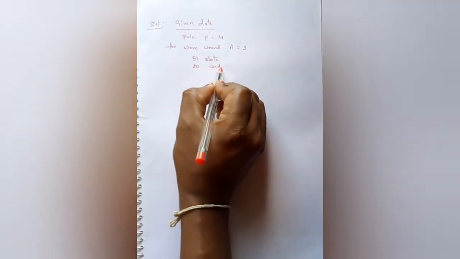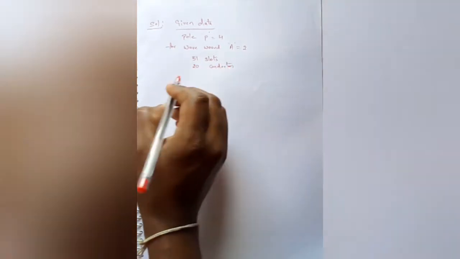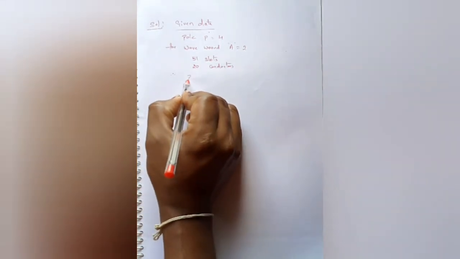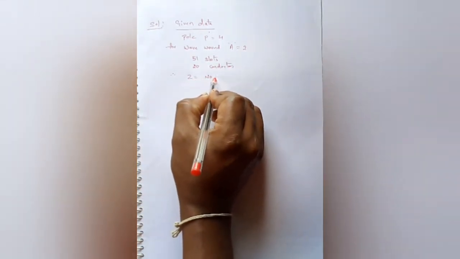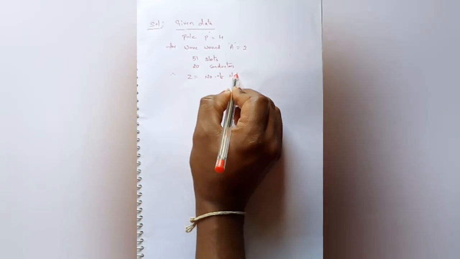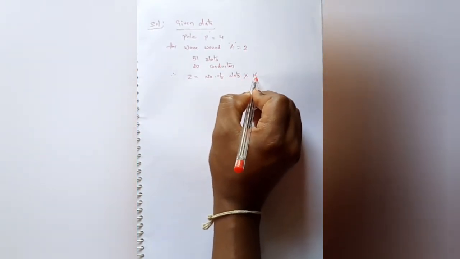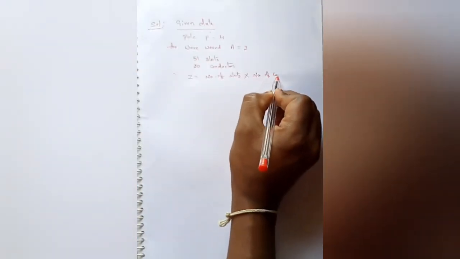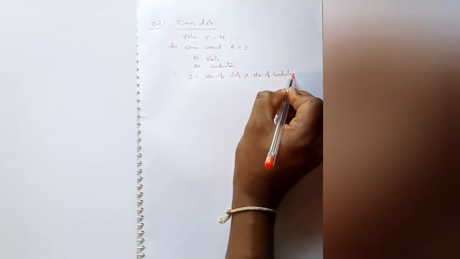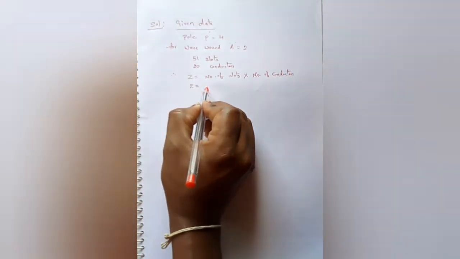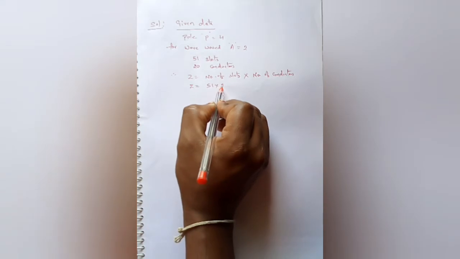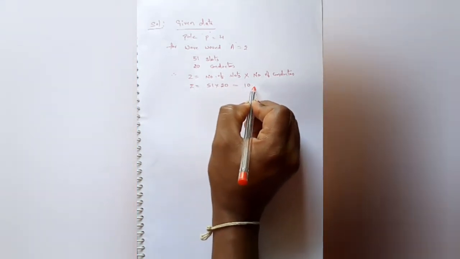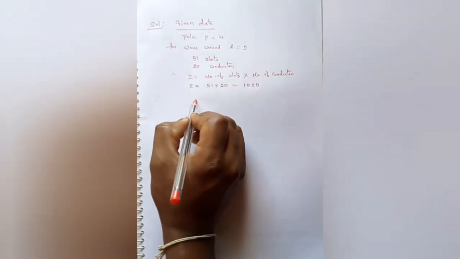So the number of conductors Z is equal to number of slots into number of conductors. So Z is equal to 51 into 20, that is equal to 1020 conductors.